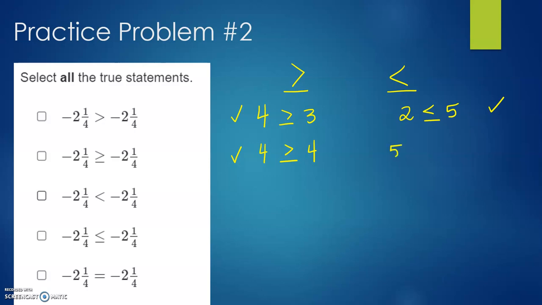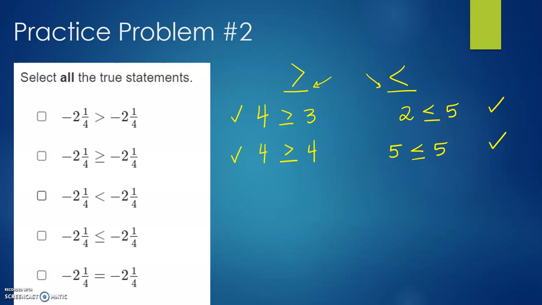If I said 5 is less than or equal to 5, that's also a true statement because these numbers are equal, and that's one of the choices. So if you see a little line under one of your mouths, that means it can be two things. It can be either greater than or equal or less than or equal.